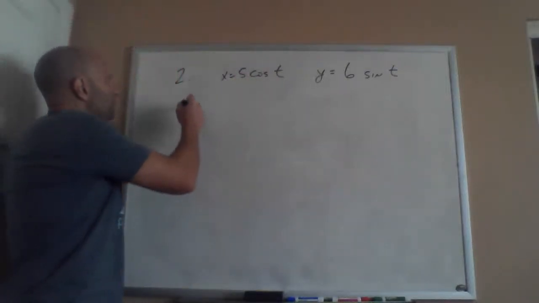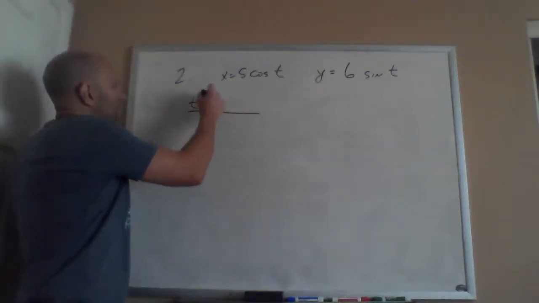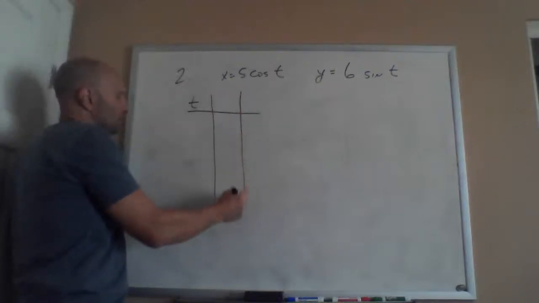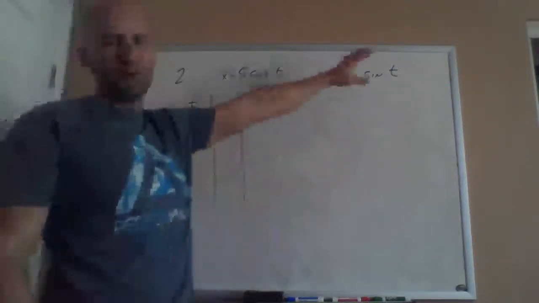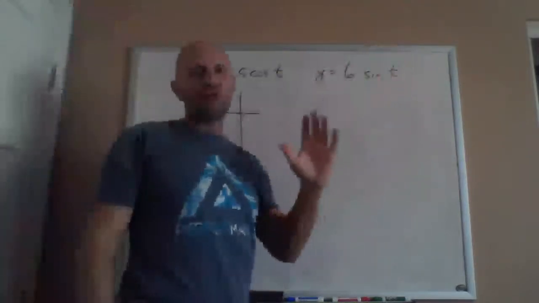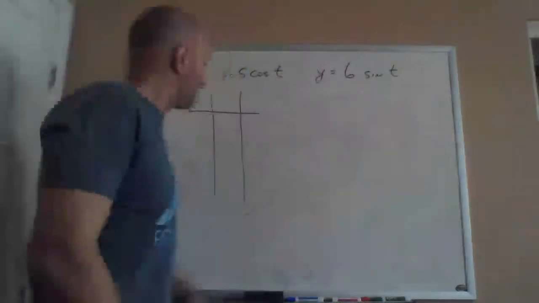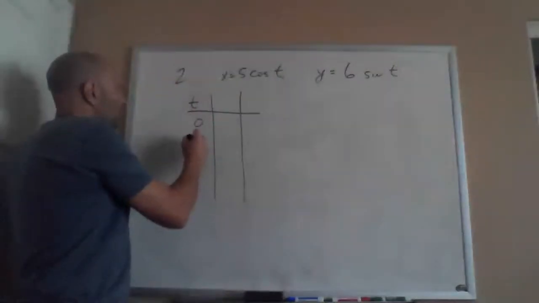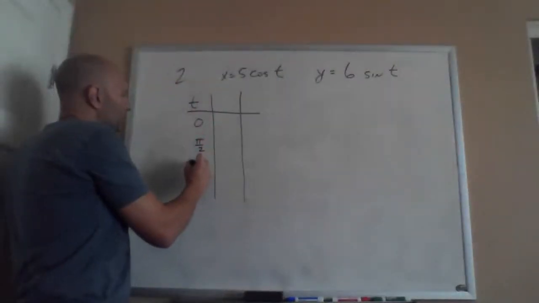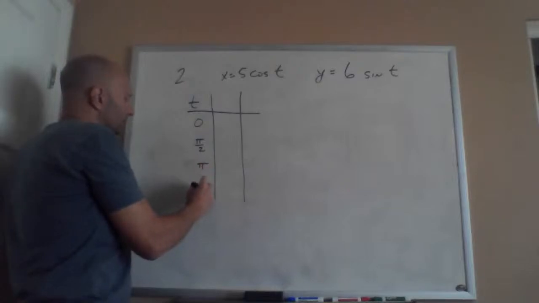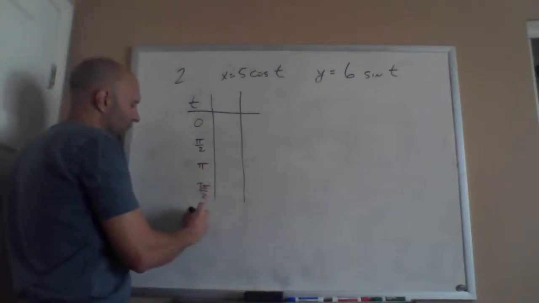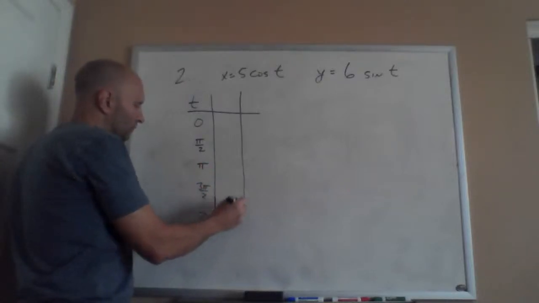So I want to pick values of t from my unit circle, and this one doesn't have any restrictions, so I'm going to pick the values that fall on the axes: 0, pi over 2, pi, 3 pi over 2, and 2 pi, which go once around the circle.